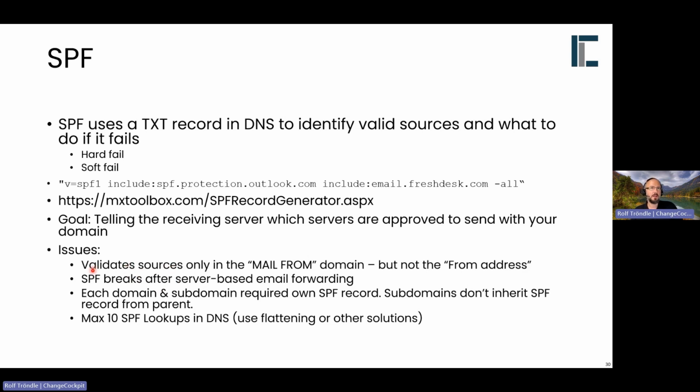But if you have another system which you cannot control and it would forward emails, then you would always see the sending IP address of this forwarding server, and therefore it would break all SPF. And sometimes there are legitimate scenarios for this, so it's bad if it breaks then.